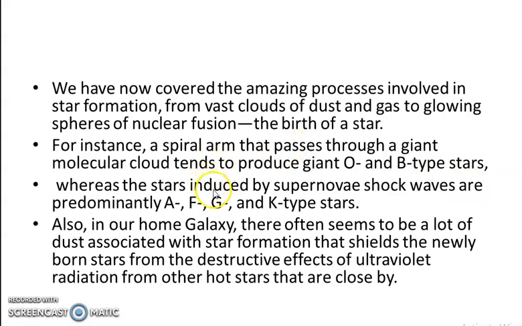So, we have 3 mechanisms. Spiral arms will produce O and B. But those stars induced by supernova shock are predominantly A, F, G and K type stars.